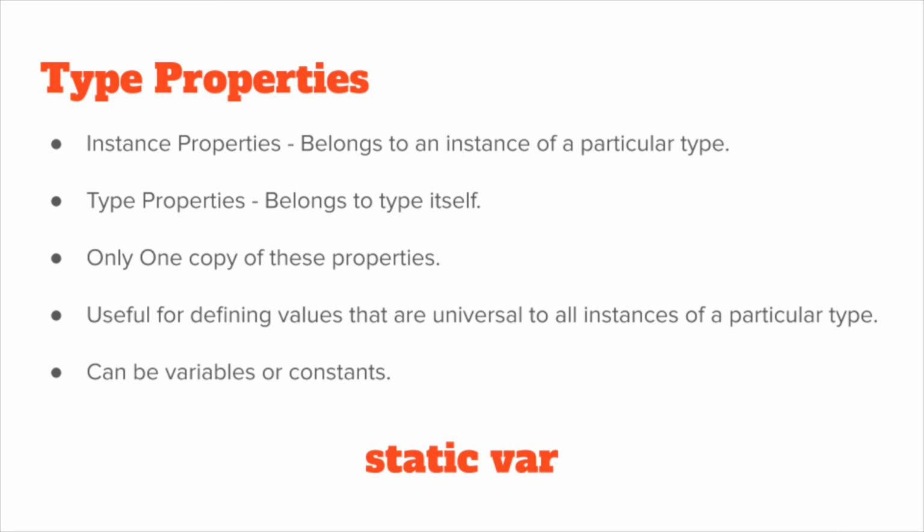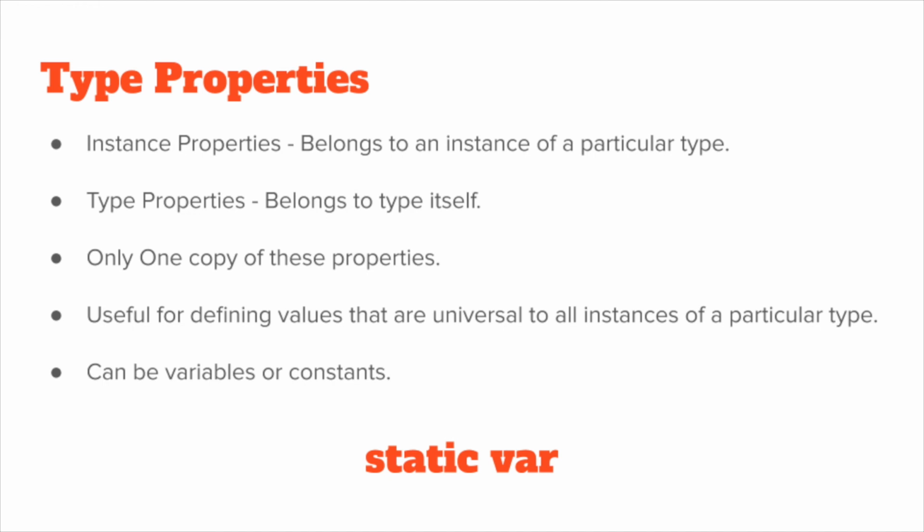There is another kind of property, type properties. The instance properties we have seen are properties that belong to an instance of a particular type. Every time you create an instance of that type, it has its own set of property values separate from any other instance.